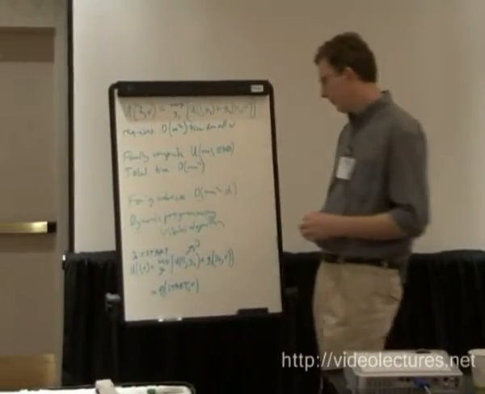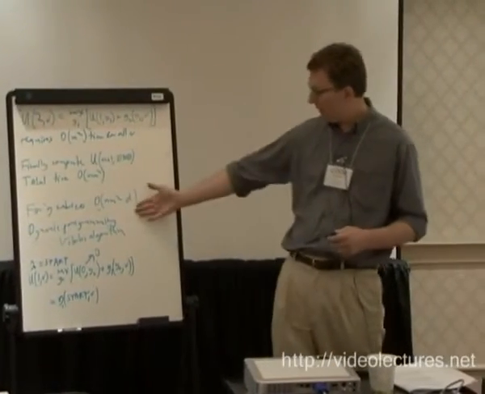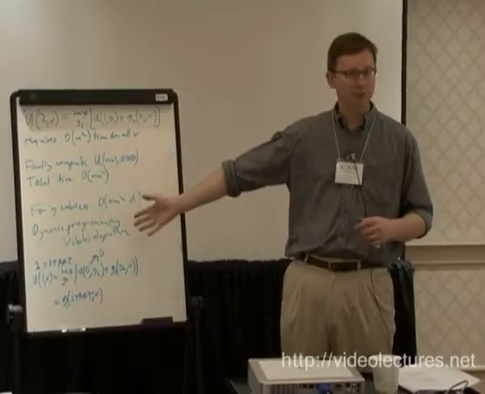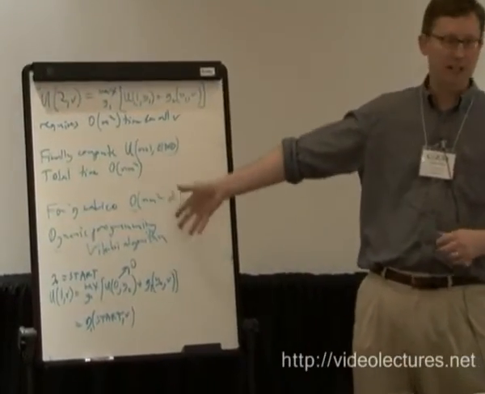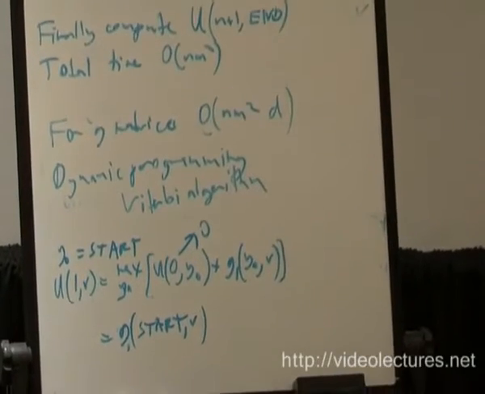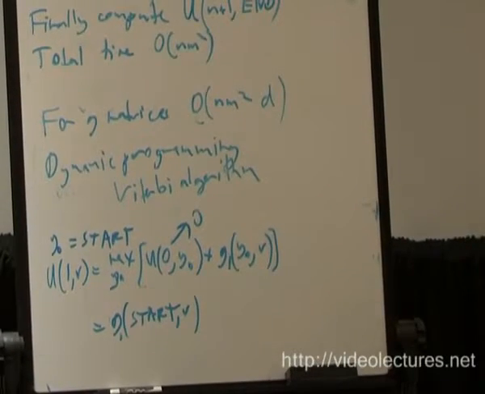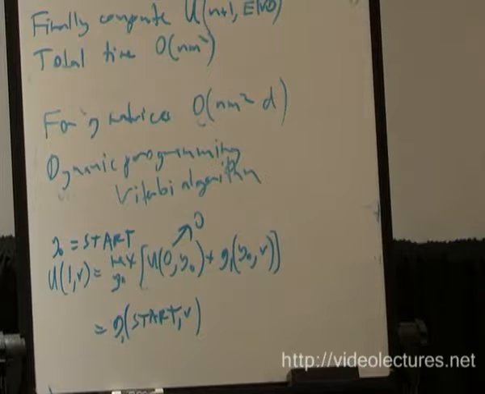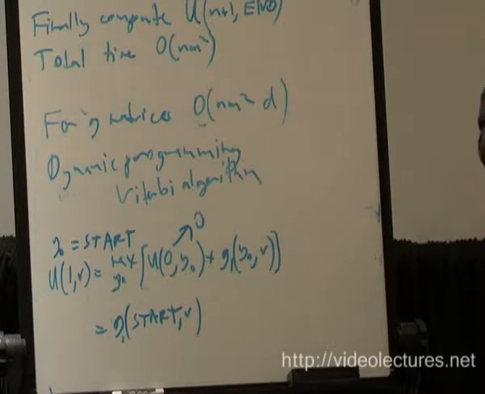So it's a dynamic programming algorithm. Some people call it the Viterbi algorithm, which is the dynamic programming algorithm for using a hidden Markov model to make predictions or do recognition. And I think it's really just a question of taste whether you call this algorithm the Viterbi algorithm or just say it's in the same family.